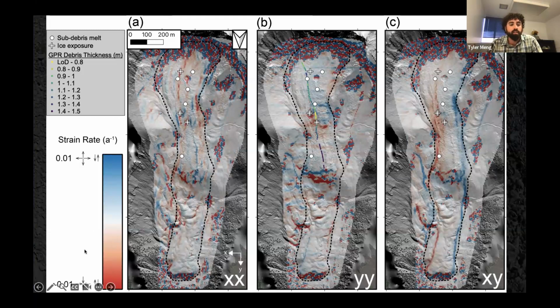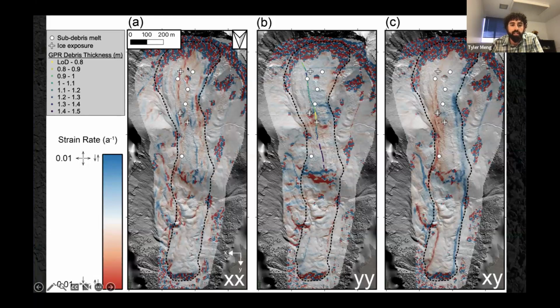It essentially correlates to compression on longitudinal plots. So when I plotted the locations that we had mapped out in the field where there's ice exposures and sub-debris melt, we actually see that all these locations plot perfectly with these lineations within the cross-flow XX strain rate.